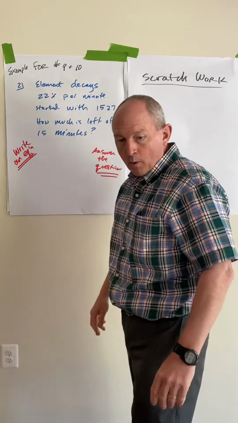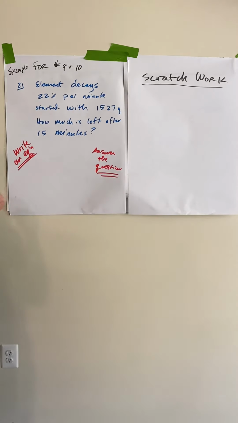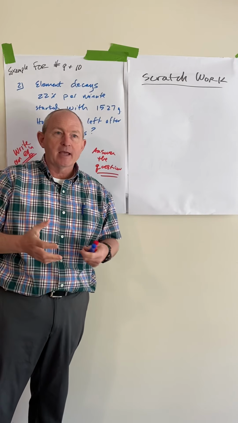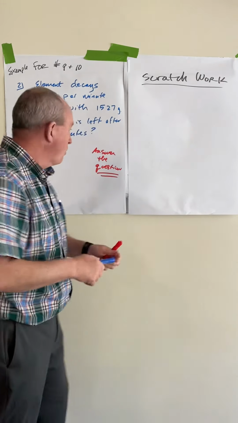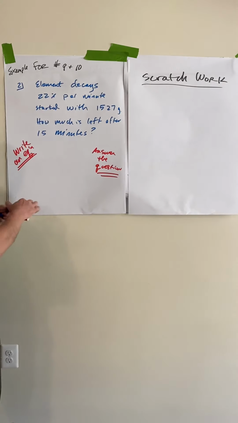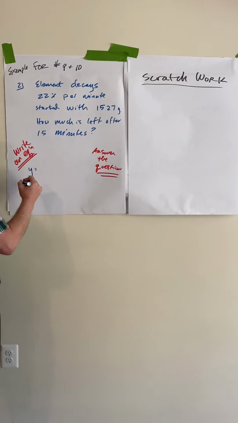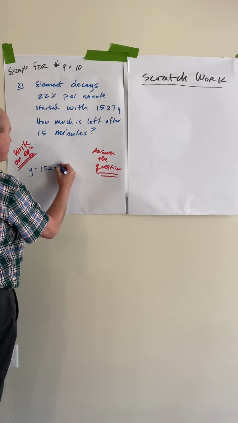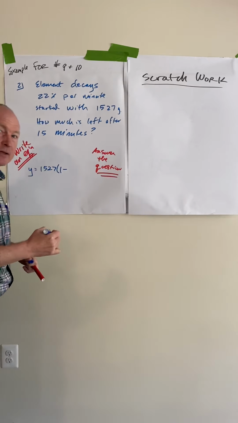All right. Well, first thing that we want to do is write an equation. We're going to use y as the amount of the element we have left, and x will be time. So if we say y equals the amount we started with, which is 1,527, times 1 minus, how much does it decay per minute? 22%.